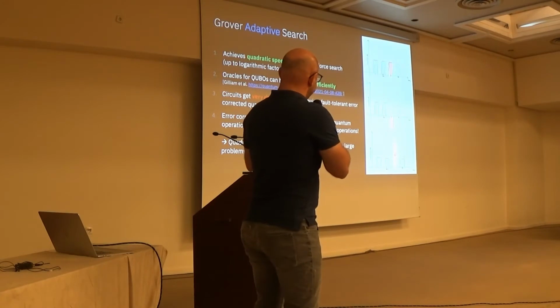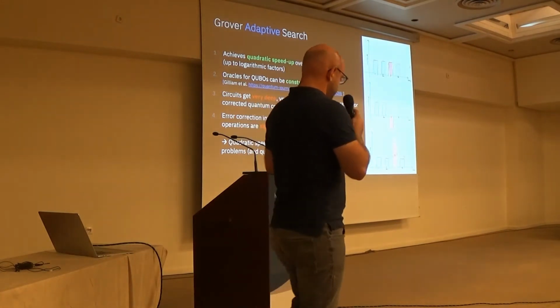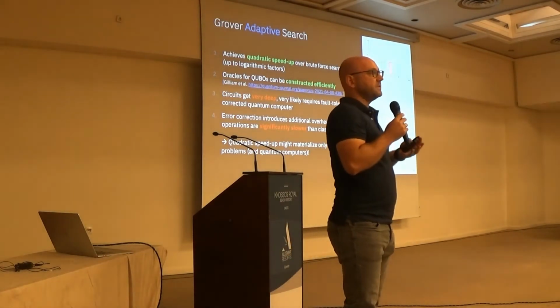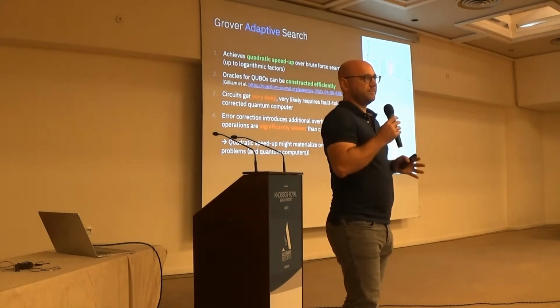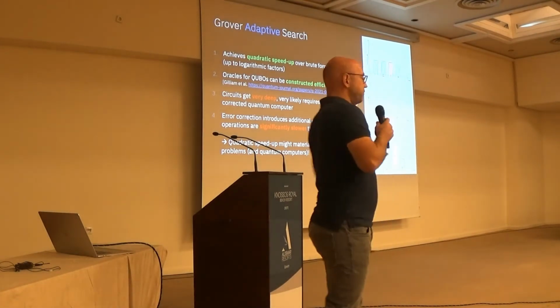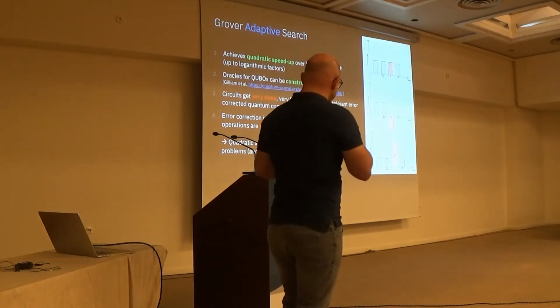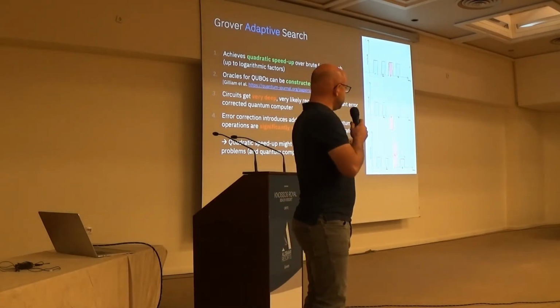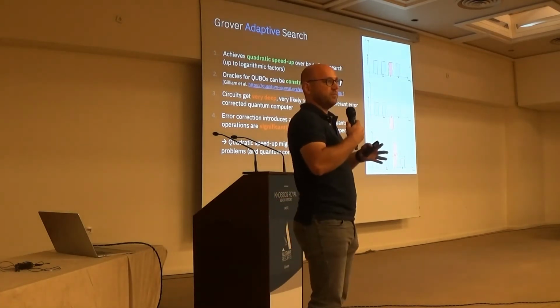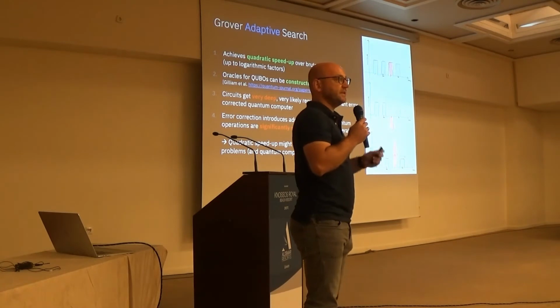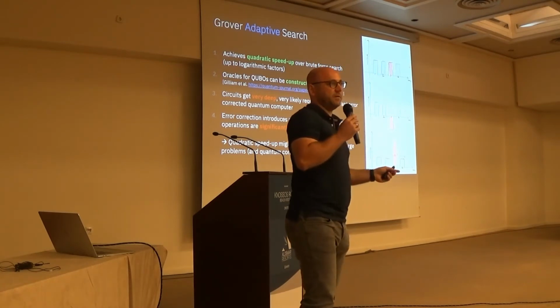The second point, sometimes also forgotten: fault tolerance introduces a huge overhead. So a quantum computer with error correction runs significantly slower than a near-term quantum computer or a classical computer. So the quadratic speedup is nice, so you need significantly fewer operations, but every operation is significantly slower than the classical counterpart.